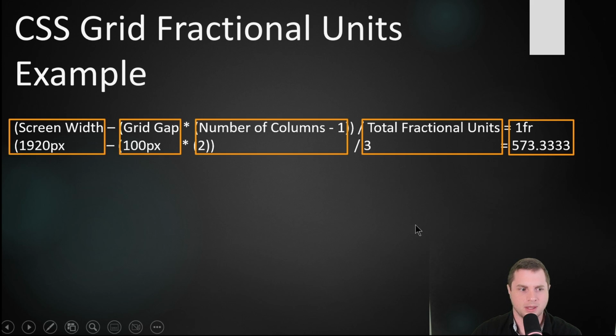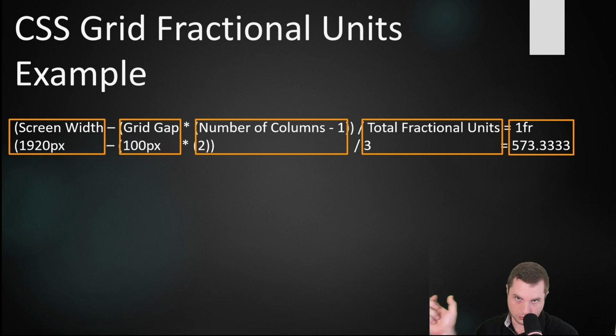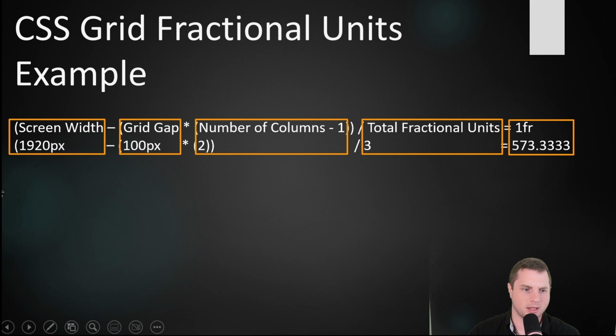So screen width, 1920. Grid gap, 100 pixels. Number of columns, which we said 3, minus 1, because you don't have a grid column gap on the right or left of the screen. And then total fractional units, which happens to be 3. So 1 FR equals 573.3 repeating.